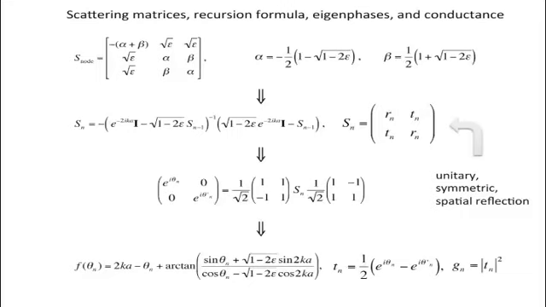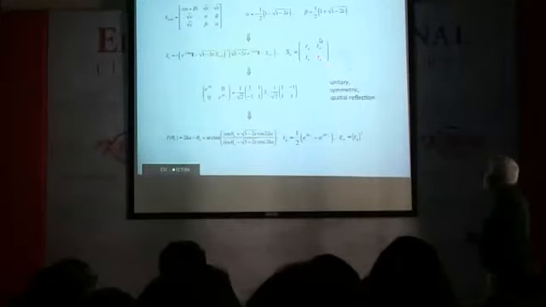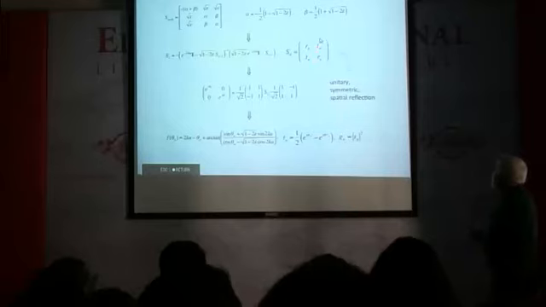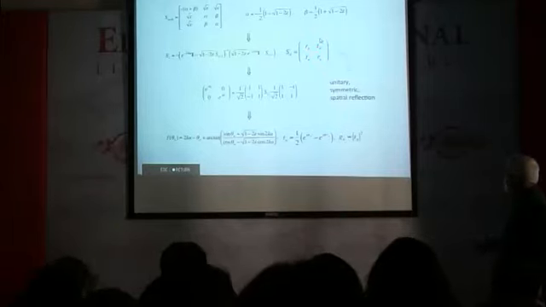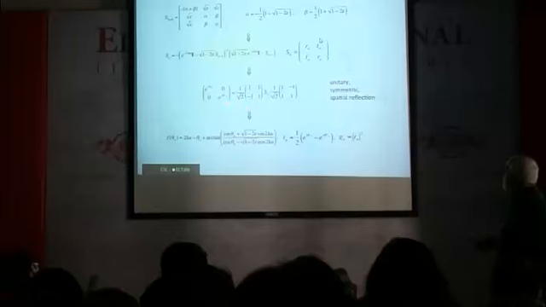It's symmetric for reflection, and so you have this form for the transmission and reflection coefficients. It can be diagonalized by 45-degree rotations, and you have these eigenphases.